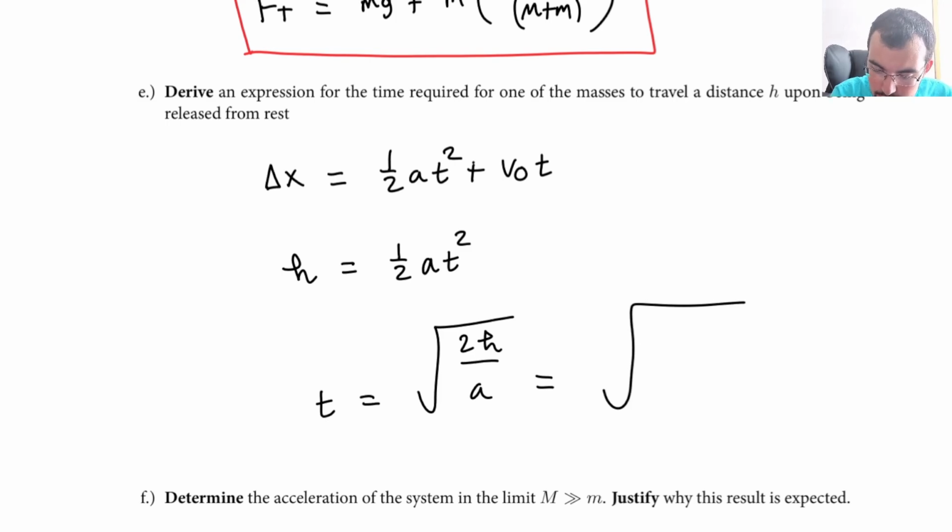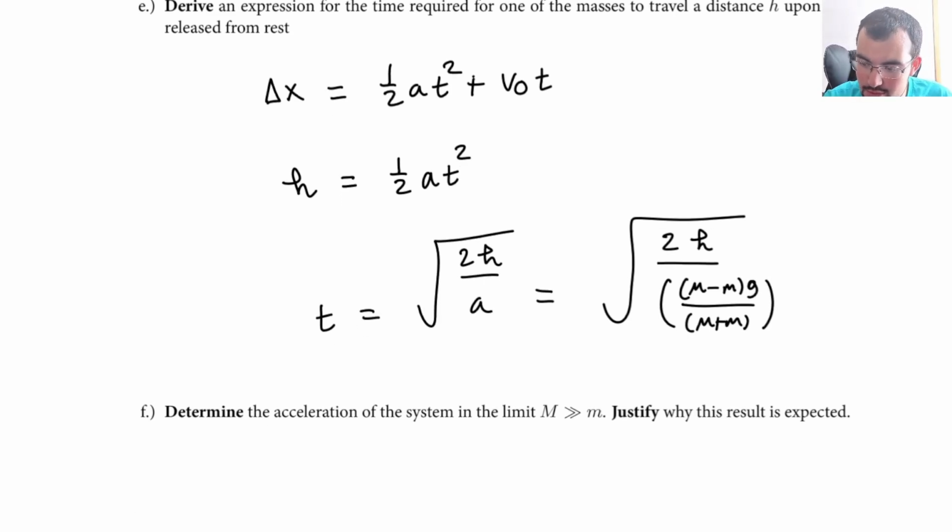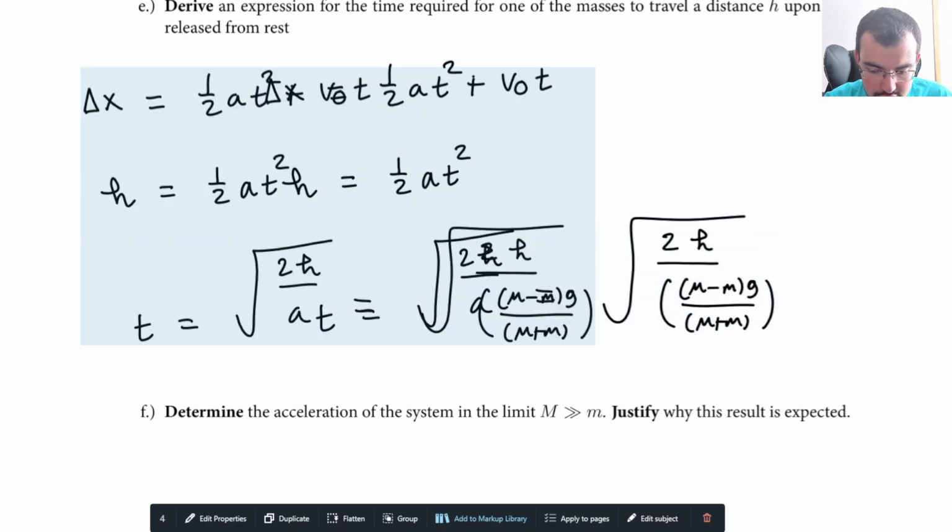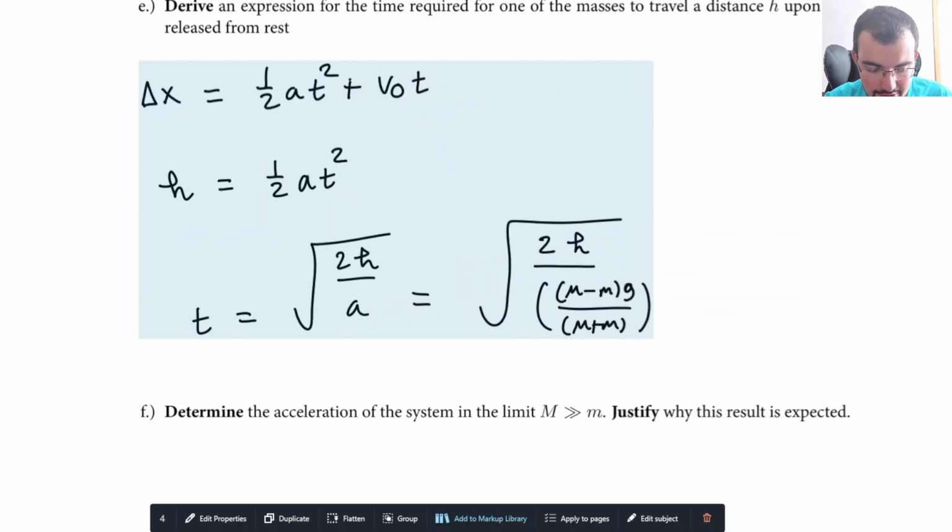which would be the square root of 2h divided by a, which is M minus m g over M plus m. And I feel like I should simplify that one, just to get rid of the double compound fraction here.